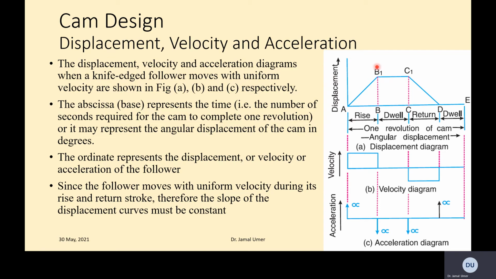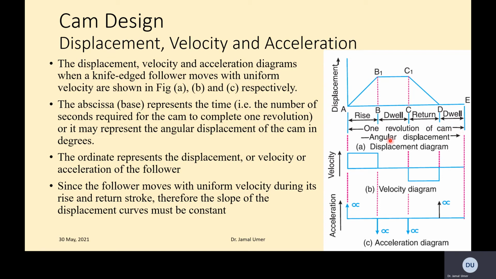As explained earlier, in the displacement, when the follower displaces from A to B, it rises up and reaches B1, the maximum position. It stays from B1 to C1, that's the dwell. Then it comes back, that's the return, closer to the cam, and that's again another dwell.